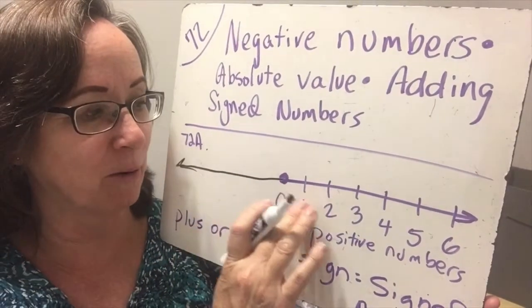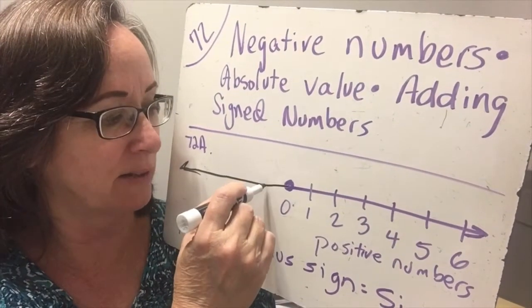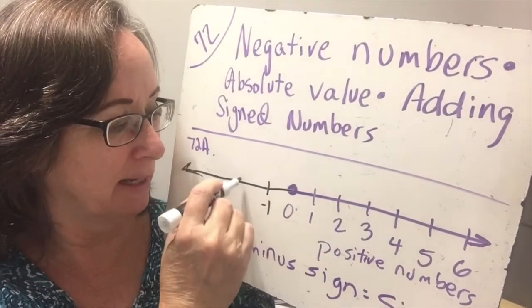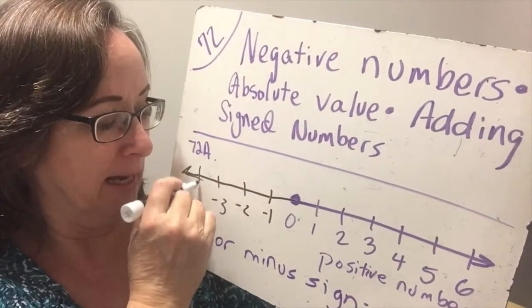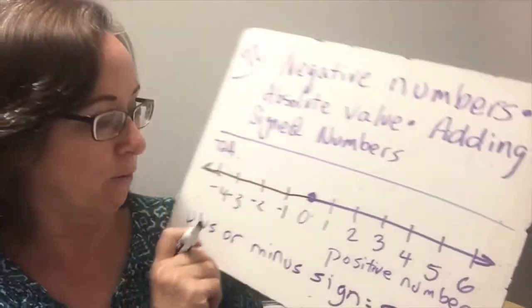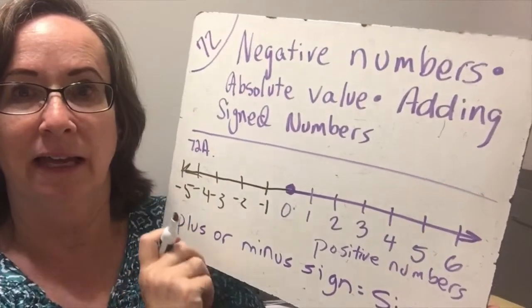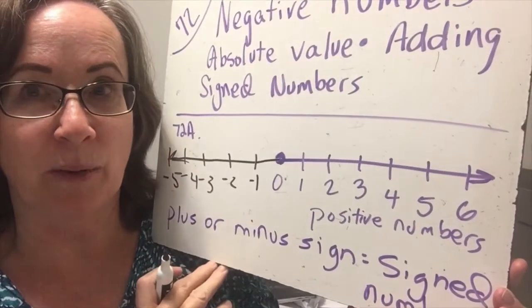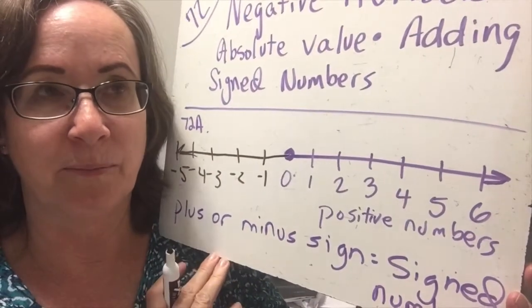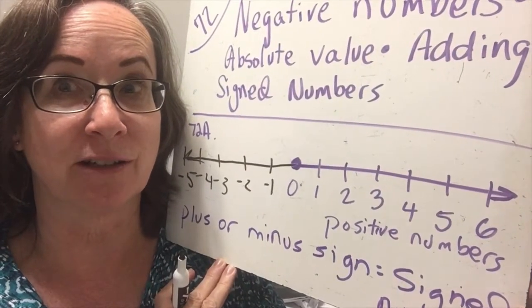And just like we go 1, 2, 3, 4, 5, 6 on the right, we also go -1, -2, -3, -4. Okay? Now, we use negative numbers a lot, and especially in applications where you can go negative, like going into debt, right?